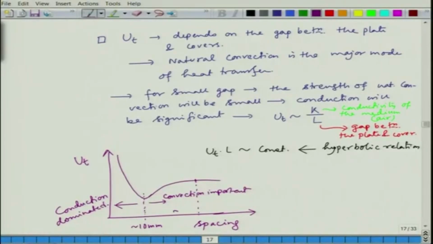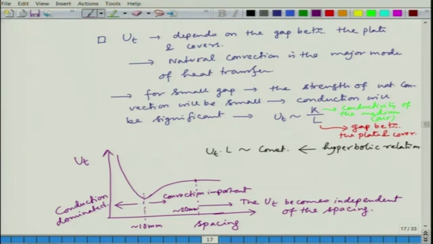So, you will have an almost constant value. So, this is about 20 mm when the UT becomes independent of this spacing. Okay. So, this is another important point you should remember while designing a flat plate collector.